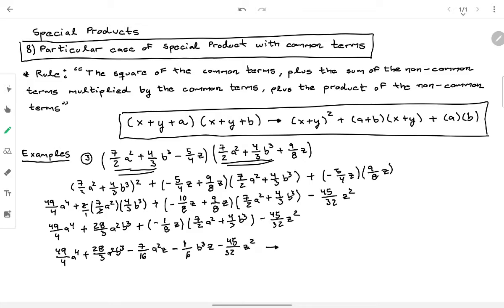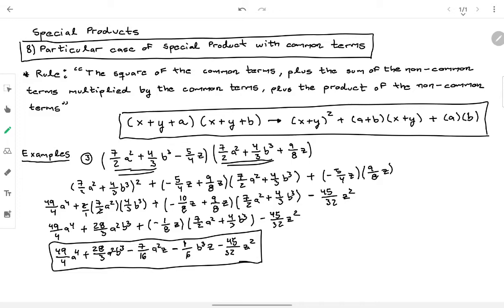So the correct order of the answer is going to be as it is, because we have a to the fourth, a squared b cubed, a squared c, minus 1/6 of b cubed c, minus 45/32 c squared. So that's going to be our correct and ordered answer.